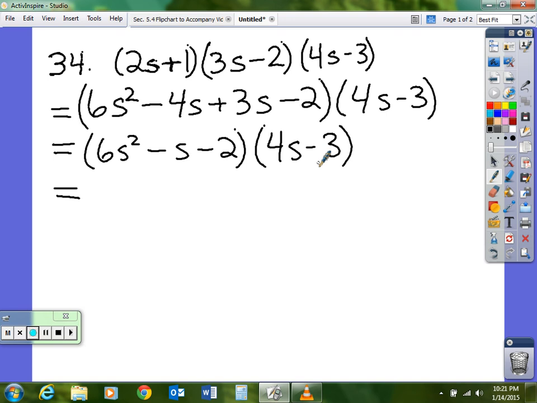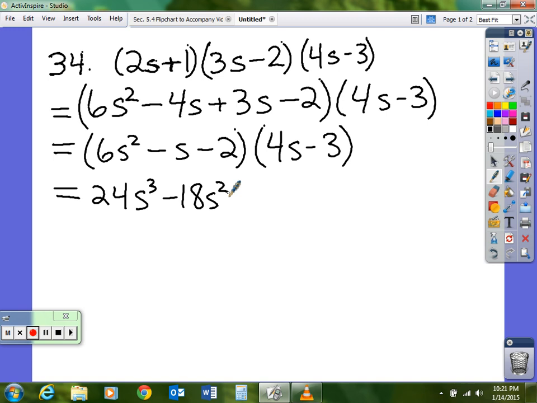Let's start. 6s squared times 4s will give us 24s cubed. Six s squared times negative 3 is negative 18s squared.